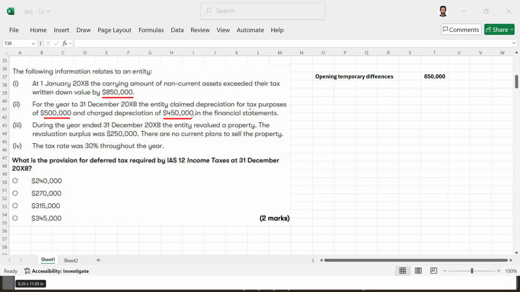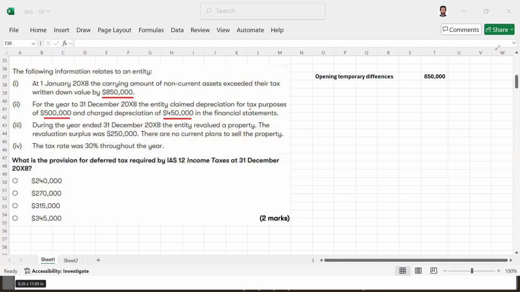So clearly, this would further increase the temporary differences, because the tax base is going down by 500, because that is the tax depreciation, which is the capital allowances. So the capital allowances are 500, whereas the accounting depreciation is only 450, which means that the temporary differences are going to further increase by 50. Okay, the tax base is going down by a greater value as compared with the carrying amount.